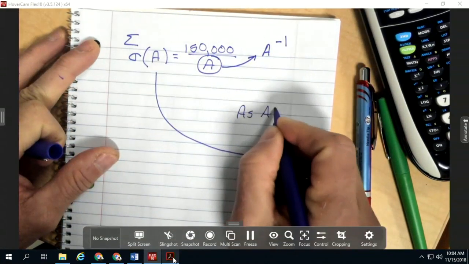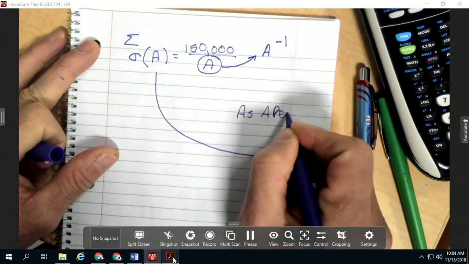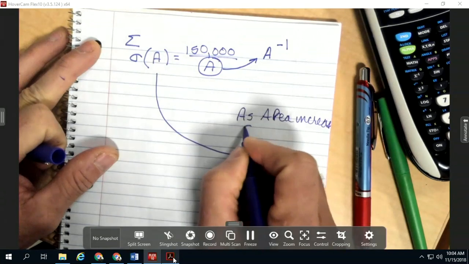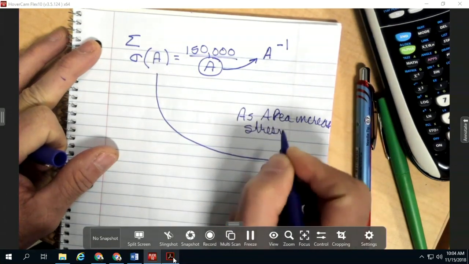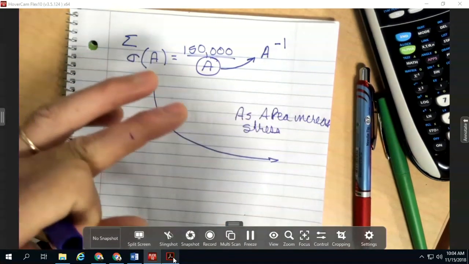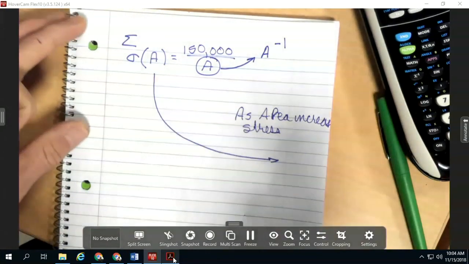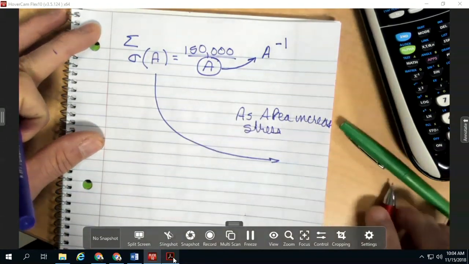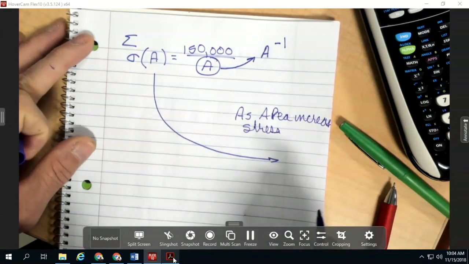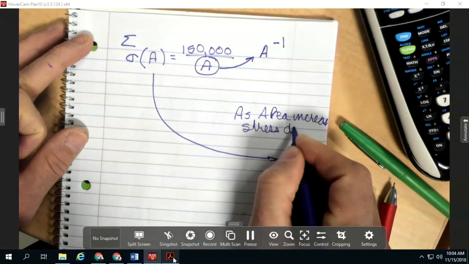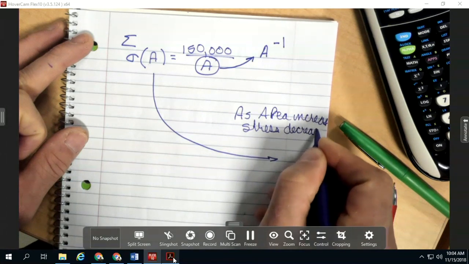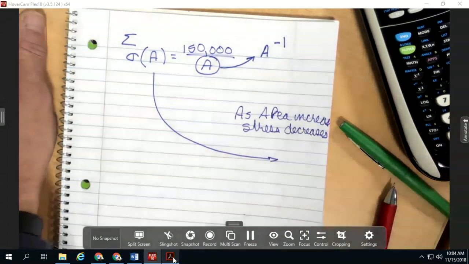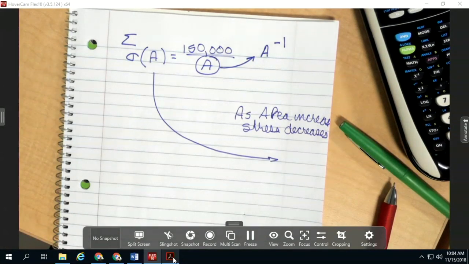As area increases, stress, which direction is stress going? Decreases. As area increases, stress decreases.